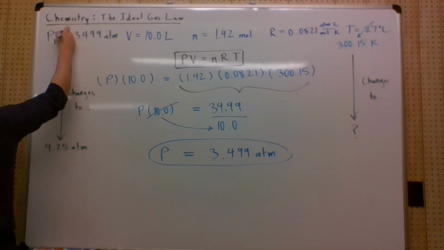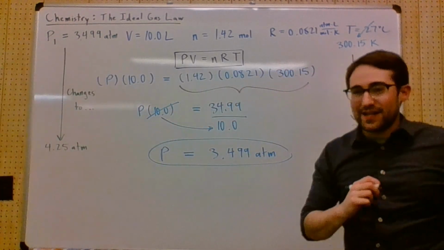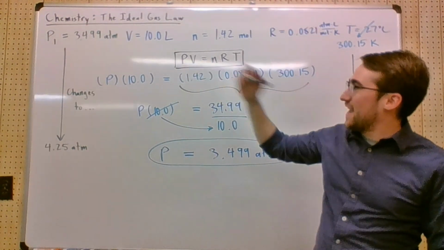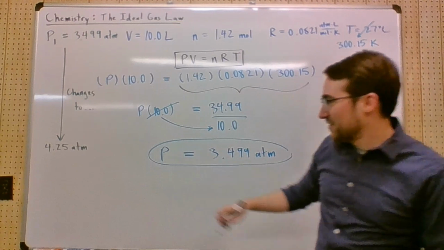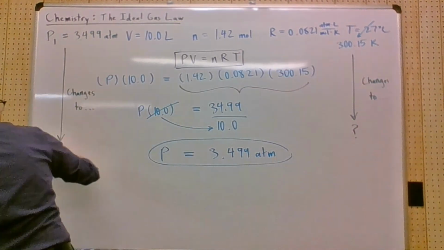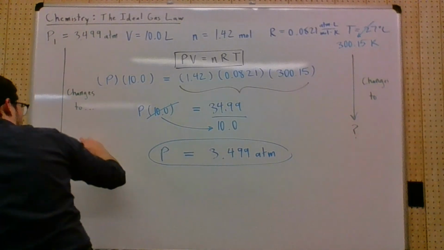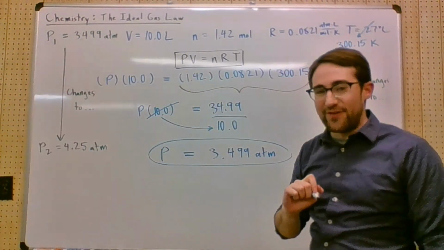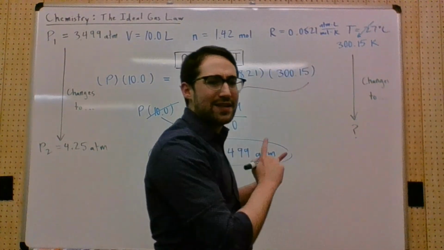So my P1 went from 3.499 atmospheres to this new pressure we're going to call P2, which was 4.25 atmospheres. Now, everything else is held constant except the temperature.